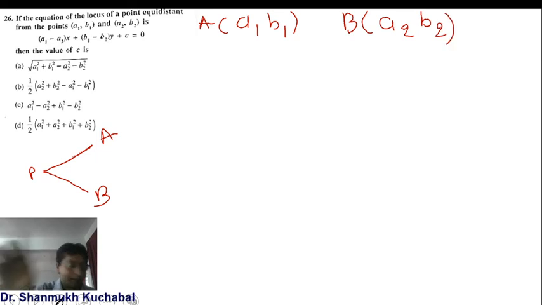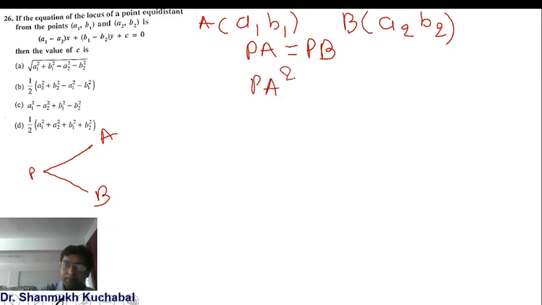Therefore the first point I represent as A, having coordinates A1 B1, and B is a point having coordinates A2 B2. Then length PA equal to PB, because it is equidistance. So we square on both sides, and I get PA square equal to PB square.